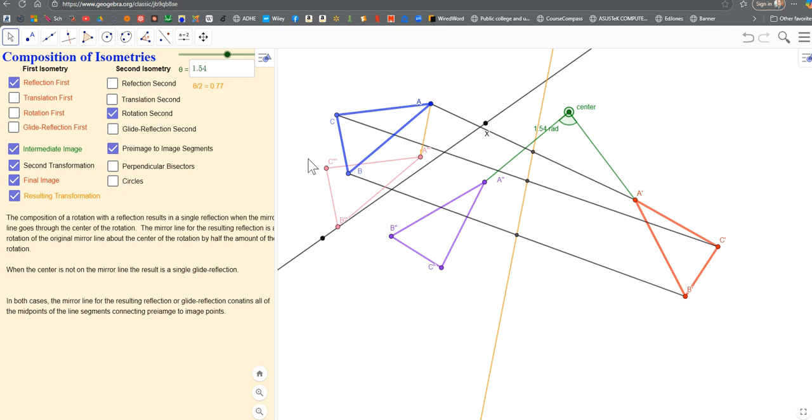An odd number of reflections makes either a reflection or a glide reflection. And same thing for rotation. We have two reflections to make the rotation, plus one for the original reflection, that's three reflections, an odd number, so it's going to be either a reflection or a glide reflection at the end. So not too much surprise that this should turn out this way.